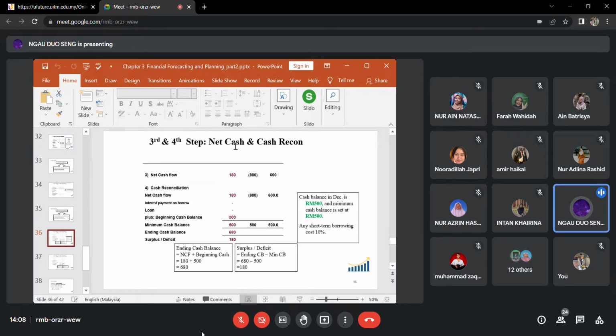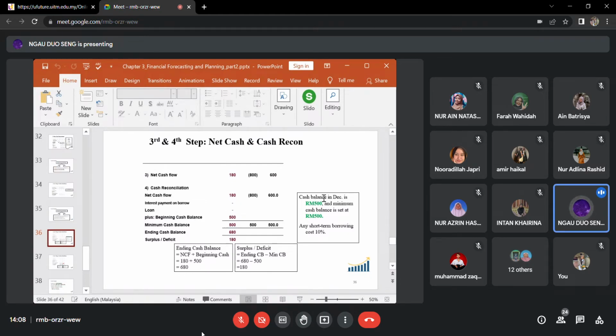All right, so we look at month by month. Now we look at month by month. We look at the January. So interest payment on borrowing tak ada. So we are not borrowing any money. So interest tak ada, loan pun tak ada. So plus beginning cash balance, this one ada.